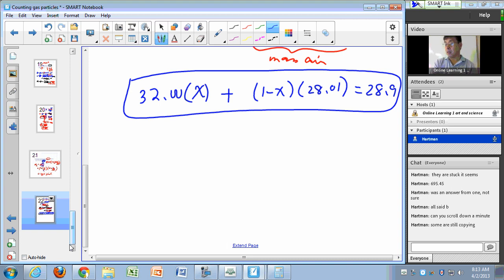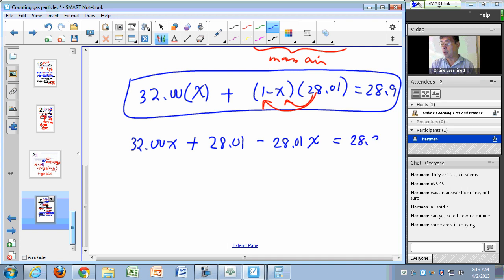So what would this be? 32.00x plus, I'll use the distributive property here, 28.01 minus 28.01x equals 28.9.